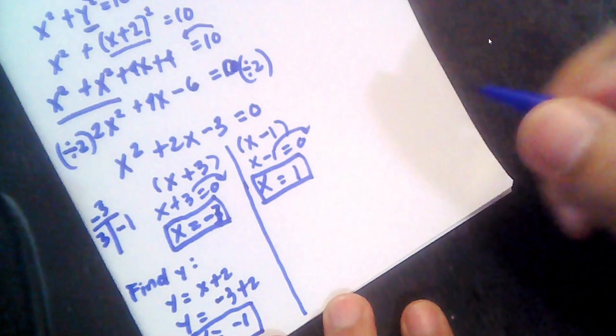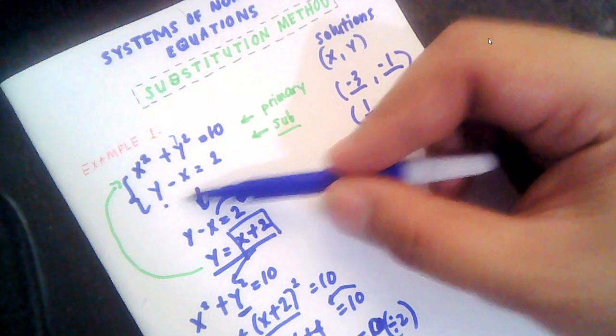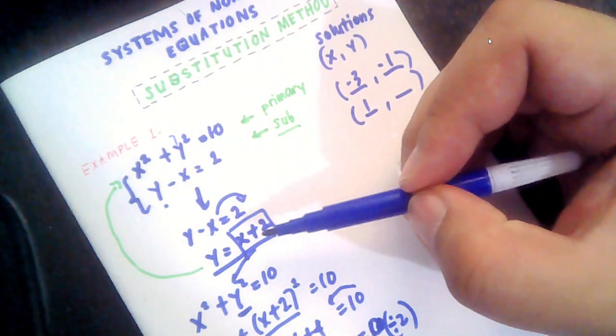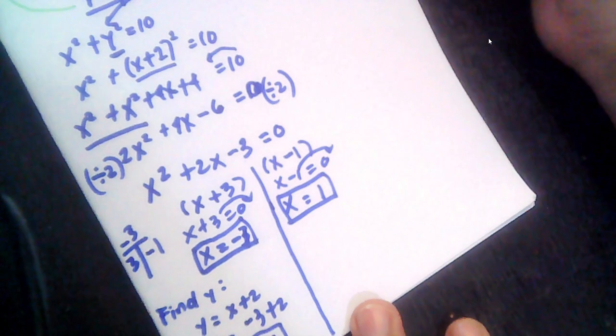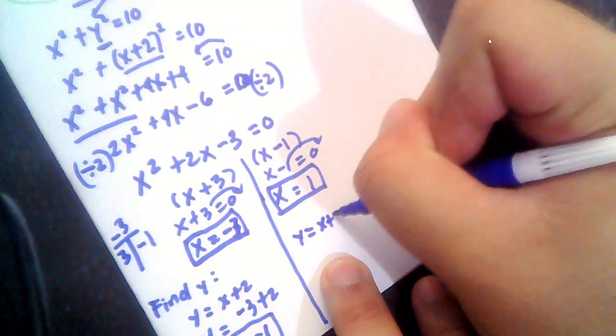How about the other one? X is equal to 1. We can choose this or this, and let us just use this to make it faster. But again, it still has the same value. That is y is equal to x plus 2.